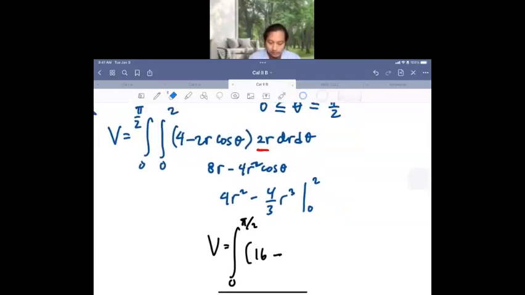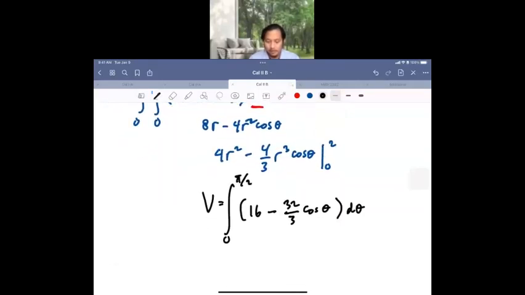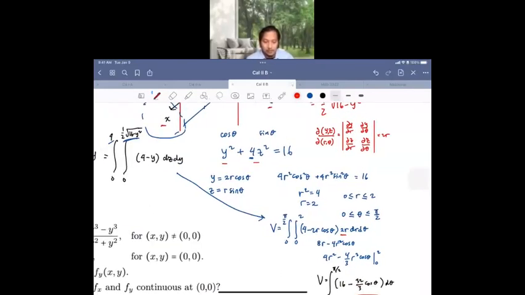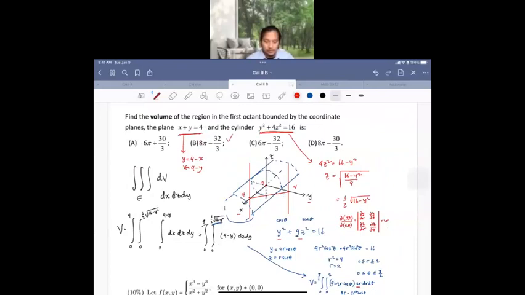Oh, forget the cos theta. 32 over 3 cos theta, and then d theta. So we have 8 pi, pi over 2, 8 pi, and then minus becomes sine, and sine pi over 2 is 1. So this will be the answer: 8 pi minus 32 over 3.